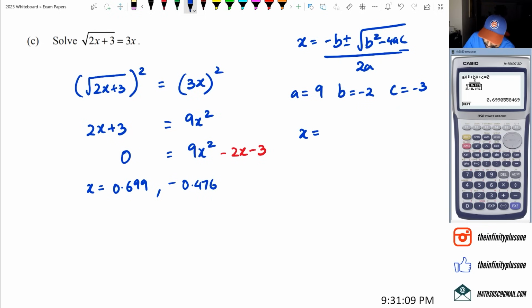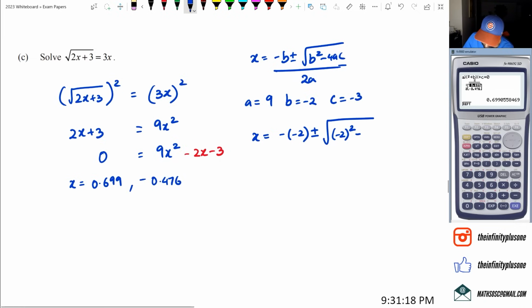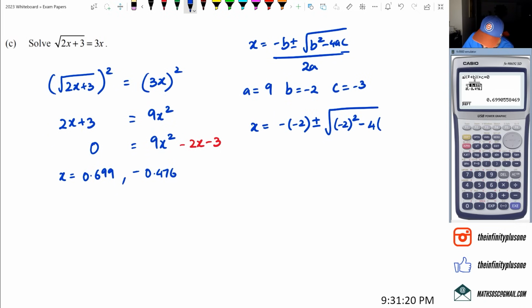So x is equal to negative 2 plus or minus the square root of negative 2 squared, minus 4 times 9 times c, negative 3, over 2 times 9. Now guys, I'm not going to actually work all of this out, just keeping in mind the time. But feel free to work that out, and you should end up with those two answers there.